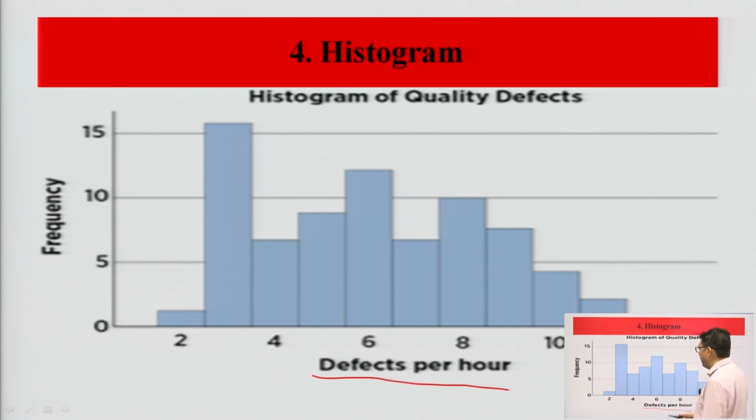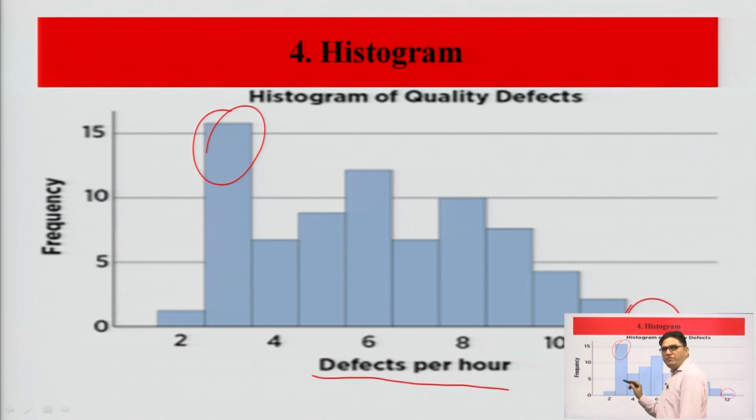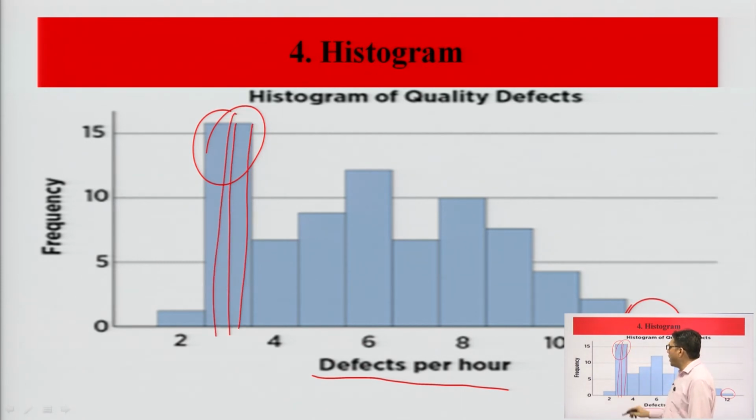For example, we have seen that at a certain point of time the quality defects are the highest, and the number of quality defects here is the lowest. So, we will take corrective action to find what the reasons are and what is going wrong inside the company that has impelled the organization to incur certain losses.